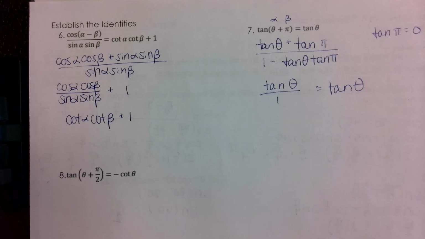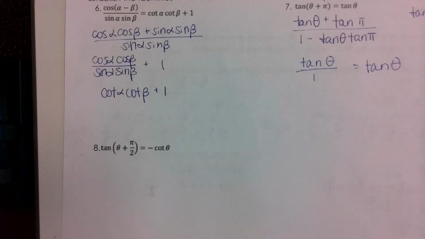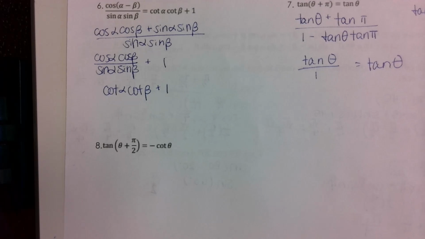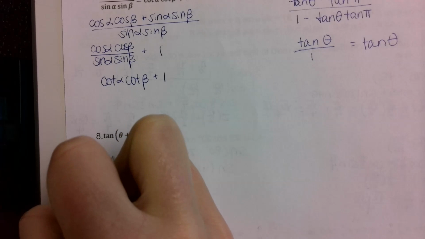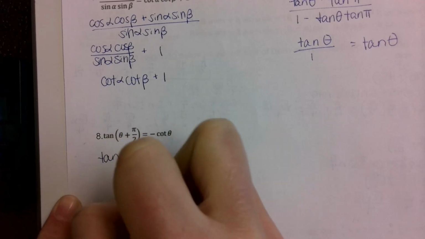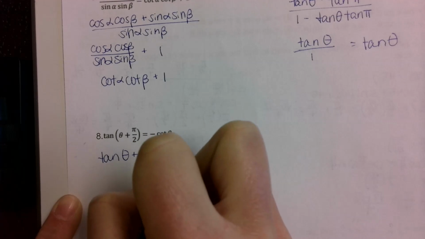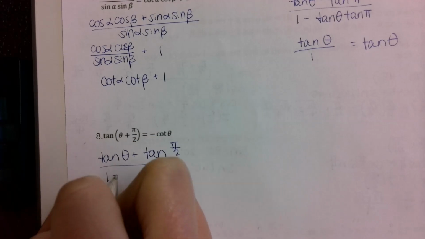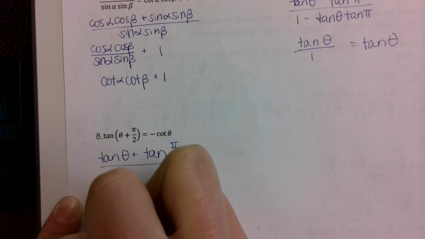Alrighty, so moving on to number 8. So we've got tangent of theta plus pi over 2. So we'll be using the same rule that we did last time. So we'll have tangent of theta plus tangent of pi over 2 over 1 minus tangent theta times tangent pi over 2.